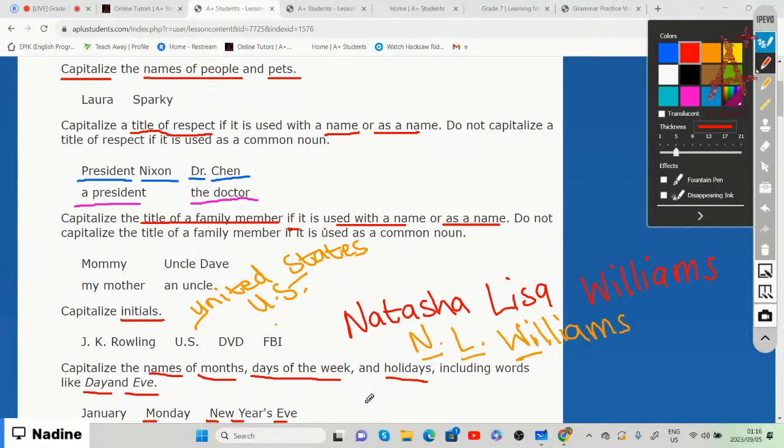We also capitalize initials, and most abbreviations. And we capitalize names of the months of the year, days of the week, as well as holidays.